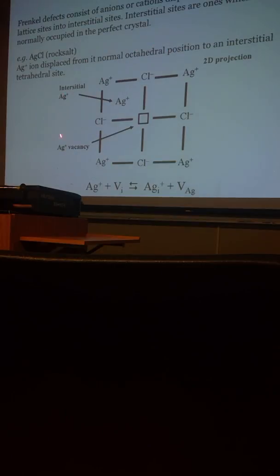This diagram clearly shows the silver and chlorine in a sodium chloride or rock salt structure. Originally the silver ion was here, and now the silver ion is removed from this site and placed in the interstitial. So the number of silver ions and chlorine ions remains the same.